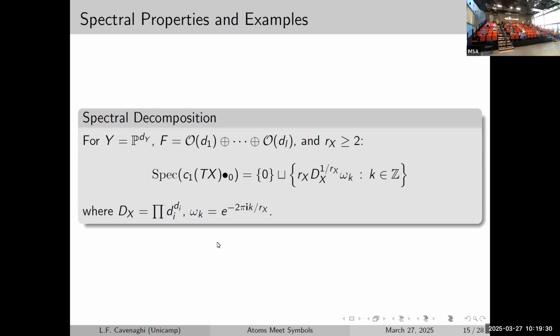And the result is that for the small quantum multiplication, the spectrum as a set on your X, the section, the zero locus coming from the ample vector bundle, is zero and some roots of unity. Okay? This is the spectrum as a set, so disregarding multiplicity. This is how we do it in practice.